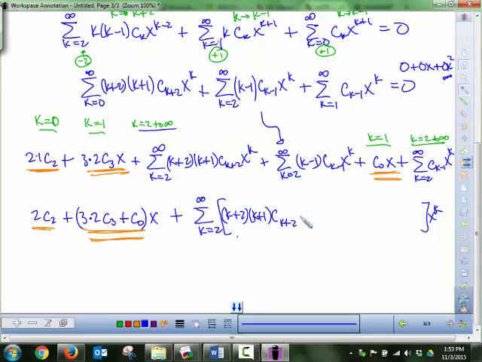So my second sum contributes a k minus 1 times c sub k minus 1. And my third sum only contributes a c sub k minus 1. I suppose I can combine these two, huh? Let's combine those two.